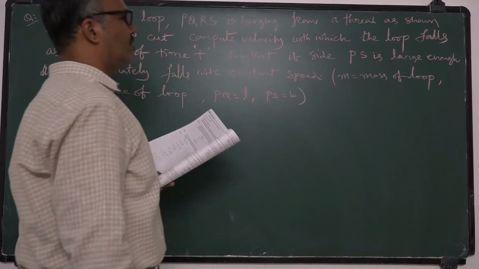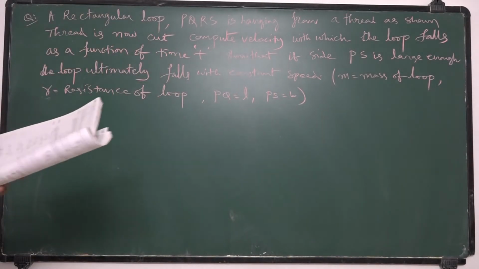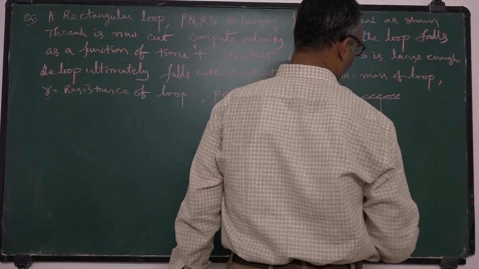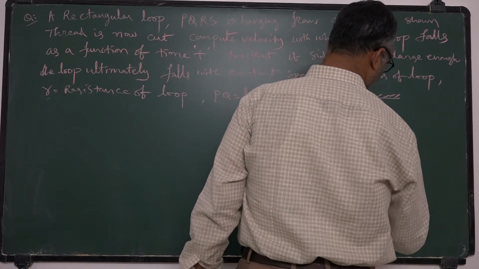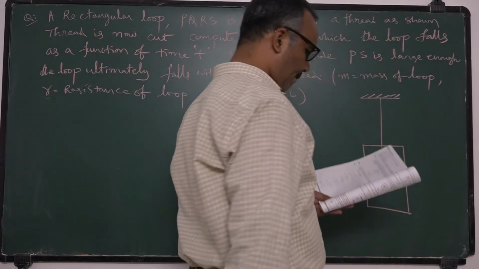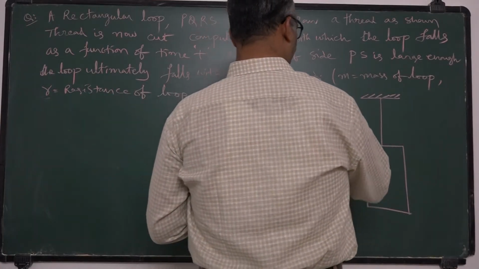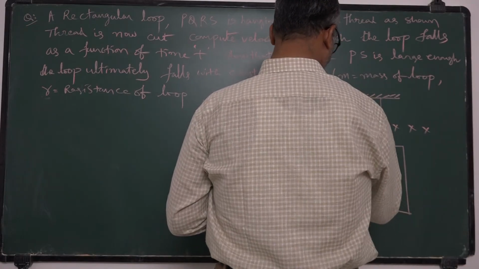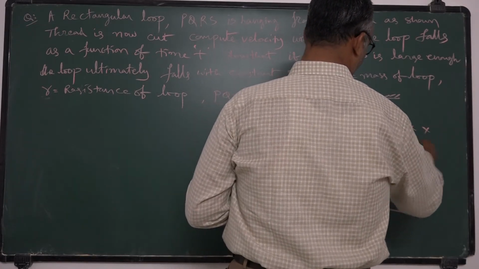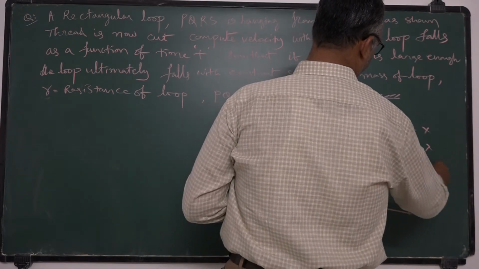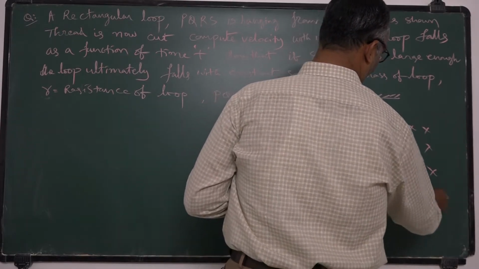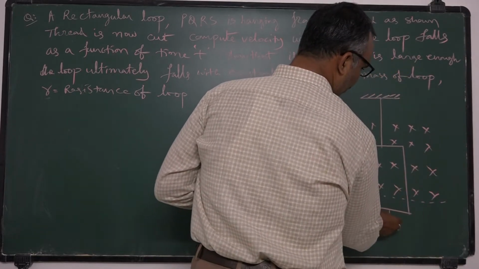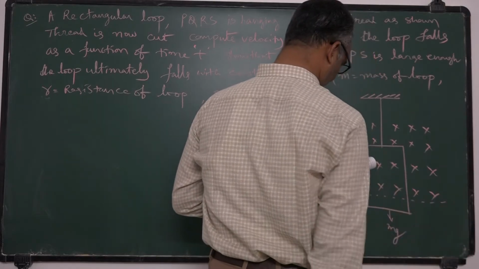These are the dimensions. And the question figure is like this. This is the support from which a rectangular coil is supported in a magnetic field. The field is located up to here, so its weight mg will be downwards.